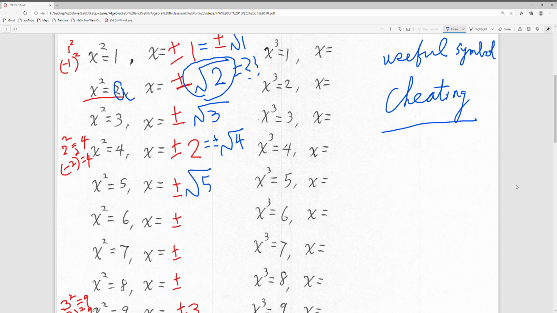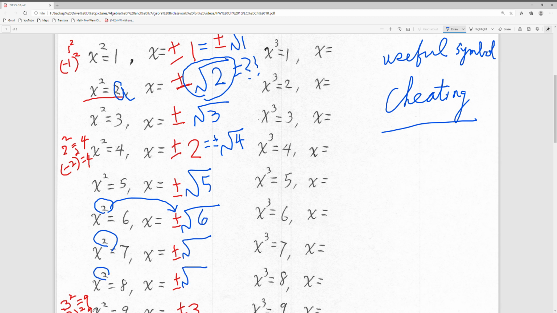So right now I want to tell you a very important concept: when you get rid of the square, you change the square to become positive negative square root. Make sense? When you get rid of the square, it's not just the square root. You need to have positive negative and the square root.